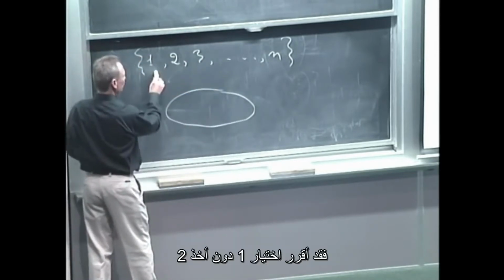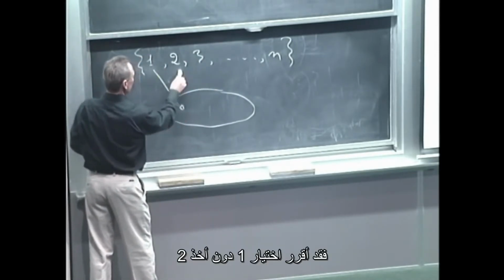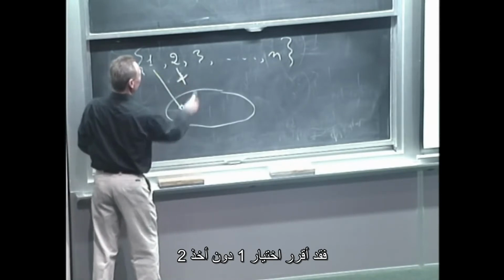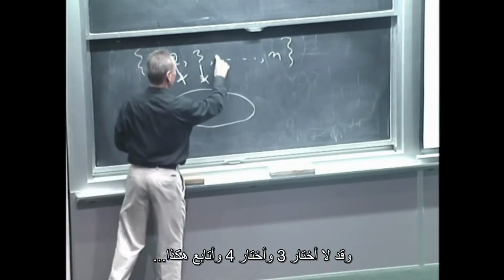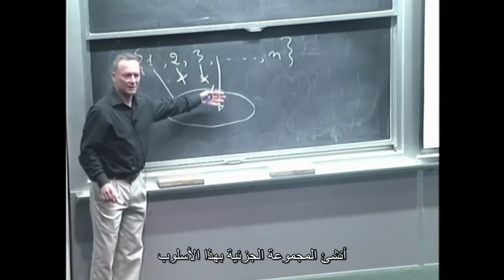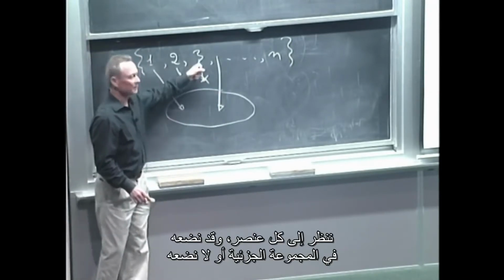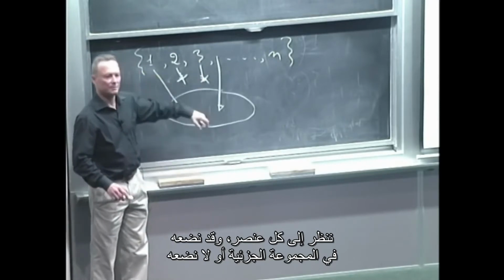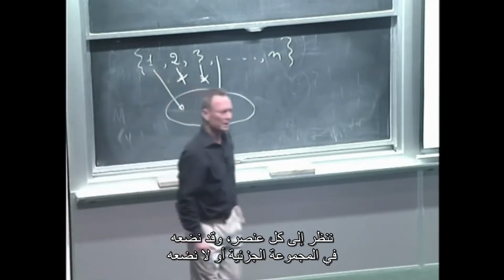For example, I could choose to put 1 in, but 2, I'm not putting it in. 3, I'm not putting it in. 4, I'm putting it in, and so on. That's how you create a subset. You look at each one of the elements and you say, okay, I'm going to put it in the subset or I'm not going to put it.